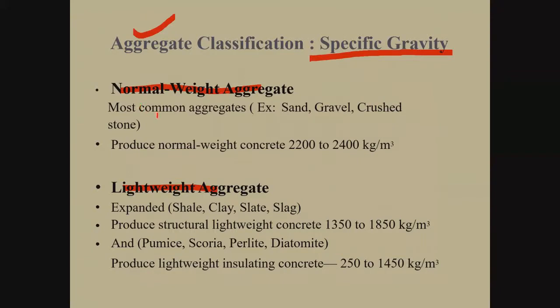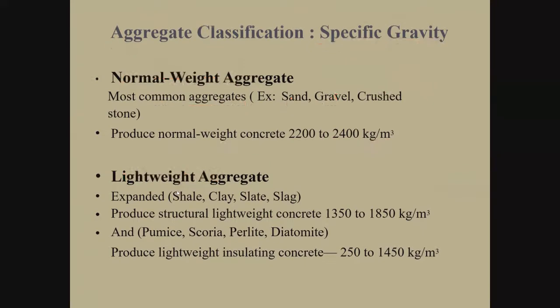Normal weight aggregates, the most common aggregates, are sand, gravel, and crushed stone. These are categorized as normal aggregates, and they produce normal weight concrete, the unit weight of which will be around 2,200 to 2,400 kilograms per cubic meter.